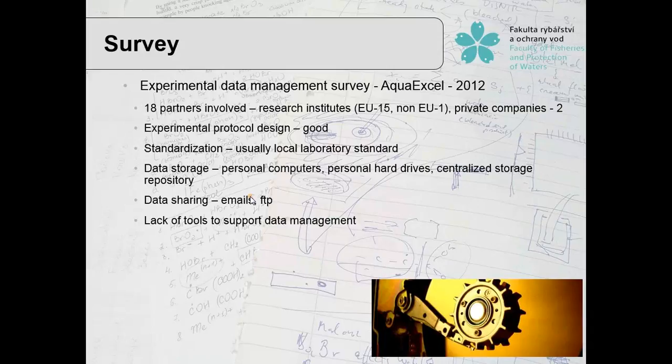In 2012, we started the Aquaexcel project with a survey where we tried to learn what the practice is in the management of experimental data and experimental protocols. 18 partners around Europe were involved in the survey, and we found three main outcomes.